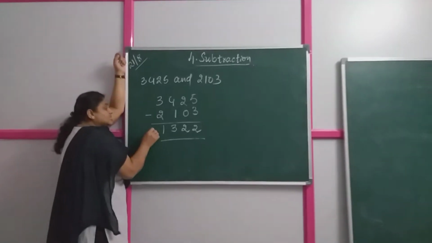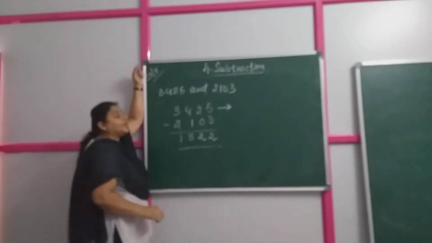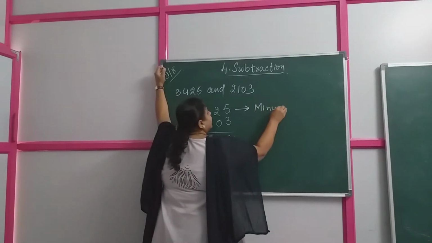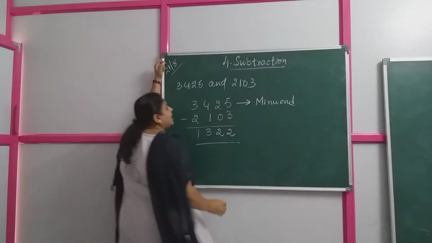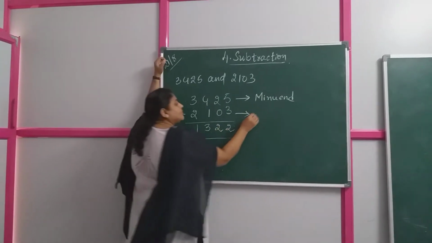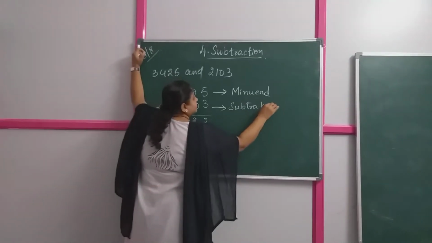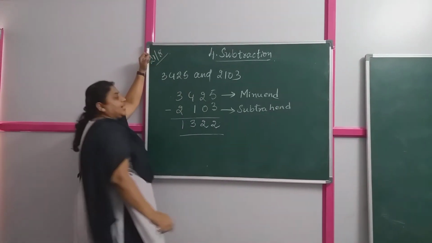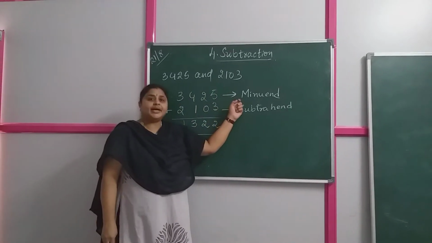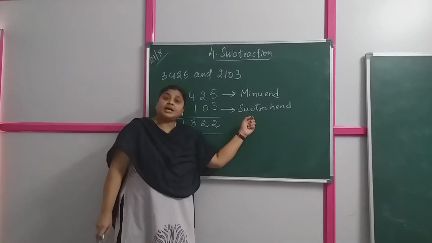Now in this, 3425 is called the minuend. What is that called? Minuend. And the smaller number is called the subtrahend. In subtraction, the bigger number is called the minuend and the smaller number is called the subtrahend.